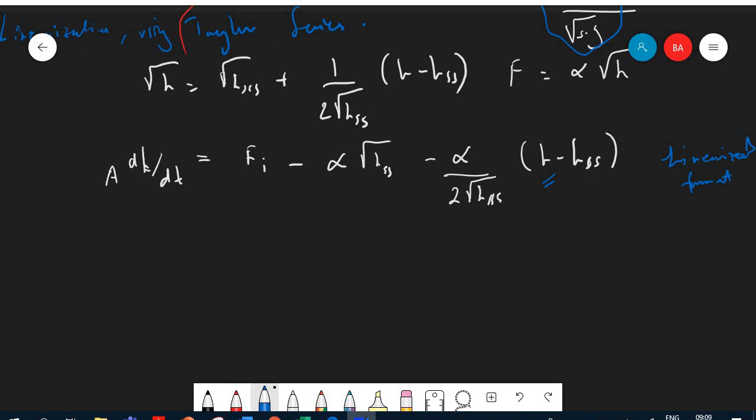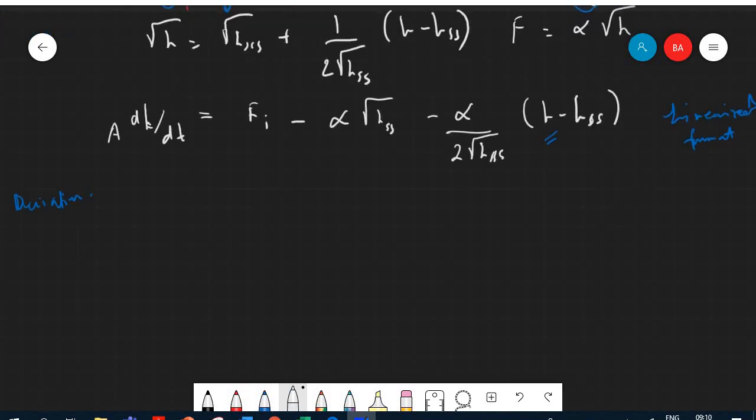So the second step that we are going to do here is to put it in a deviation format. So we are going to take our function at steady state. We are saying that if the height is at steady state, everything is going to be at steady state.